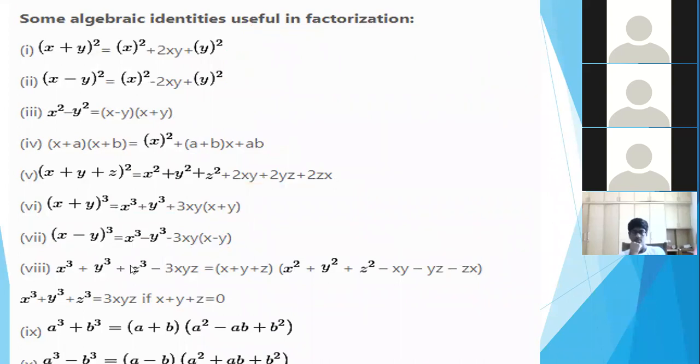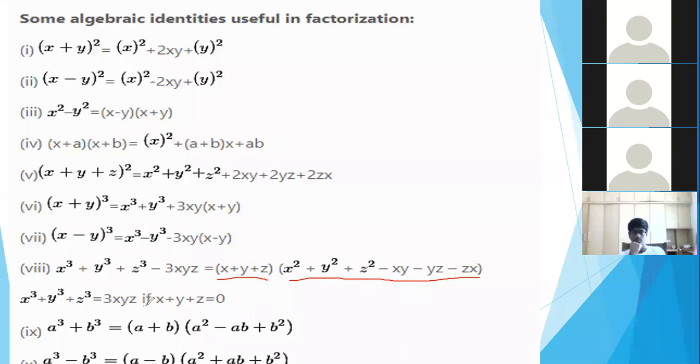Next formula. x³ + y³ + z³ - 3xyz = (x + y + z)(x² + y² + z² - xy - yz - zx). Next. First read this.